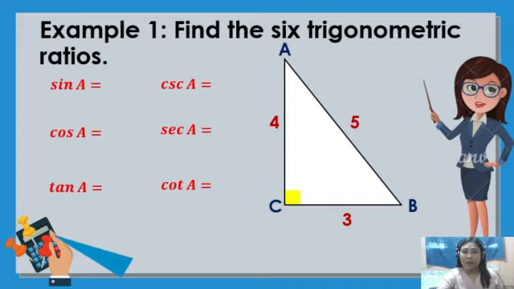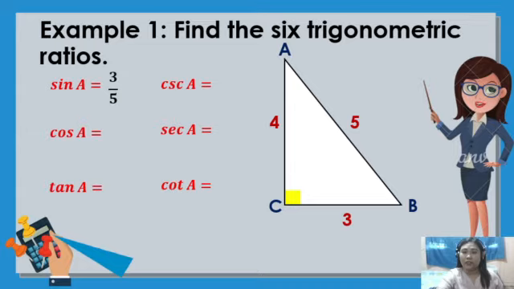Sine A is opposite side over hypotenuse. Opposite is 3 and hypotenuse is 5. So, we have here sine A is equal to 3 over 5. Cosine A is adjacent side over hypotenuse. Adjacent is 4 and hypotenuse is 5.